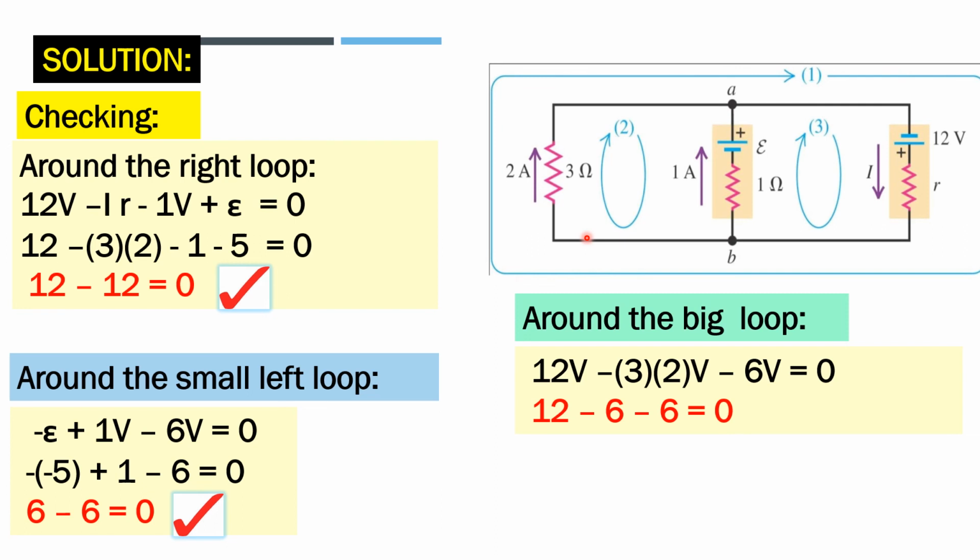And since you go in the direction of the current, that means you have minus 6 volts. Simplifying, we get 12 volts minus 3 times 2 is 6 minus 6, and this gives us also equal to 0. So that is our final checking.